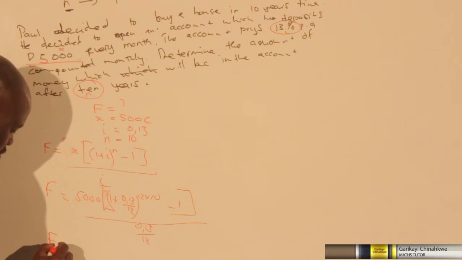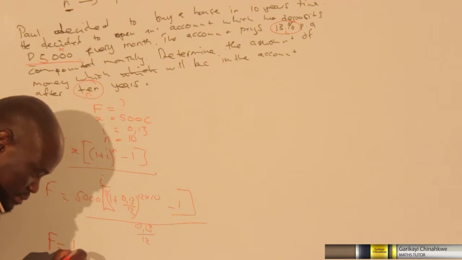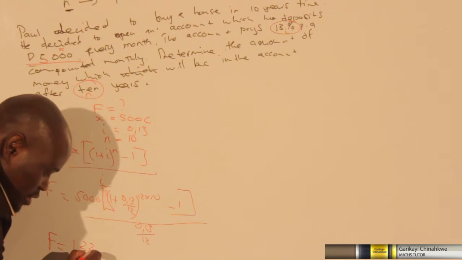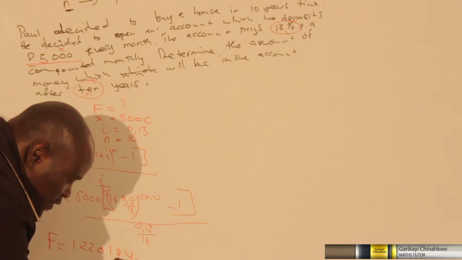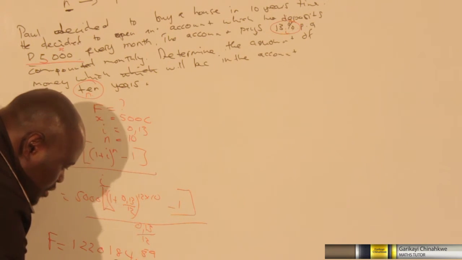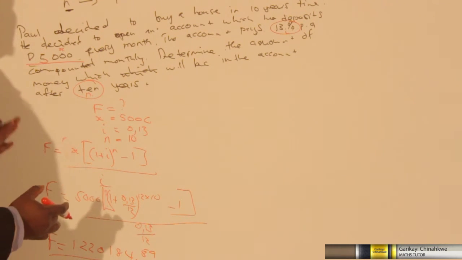The future value is going to be 1,220,184.59. So this will be the amount of money in the account which Paul opens.